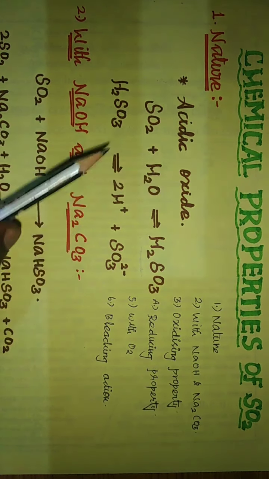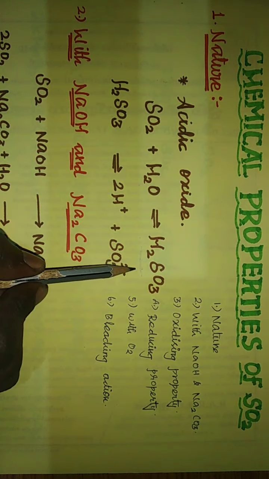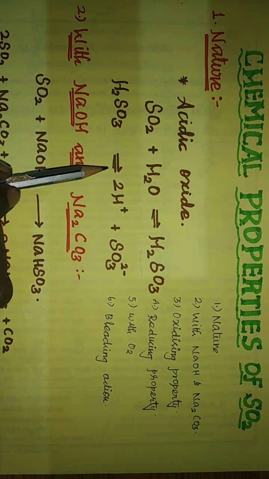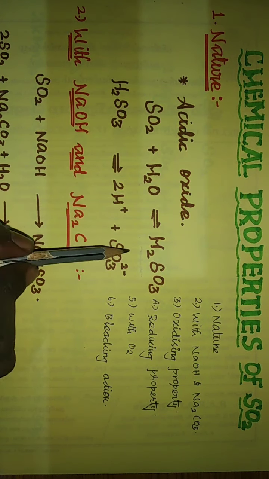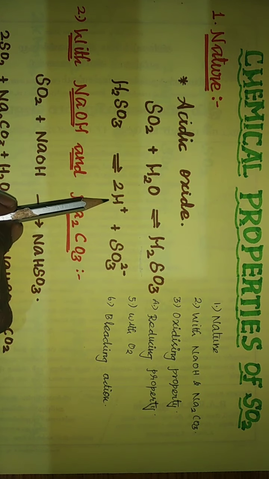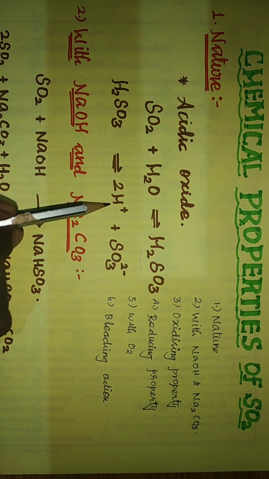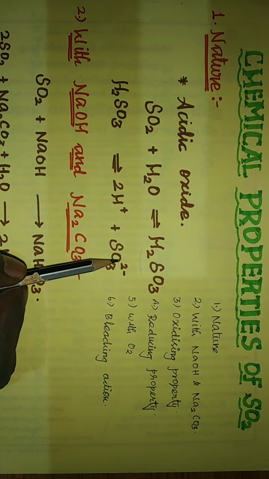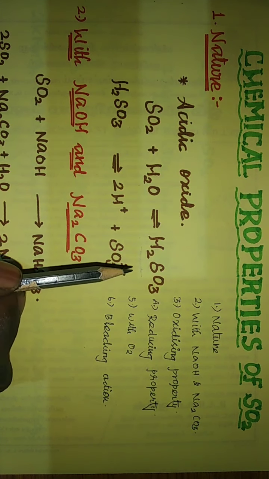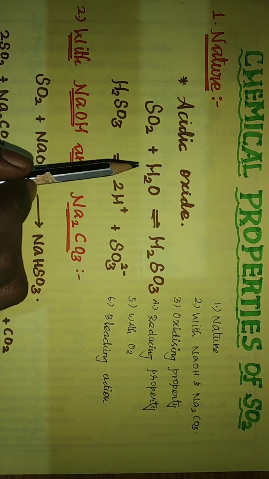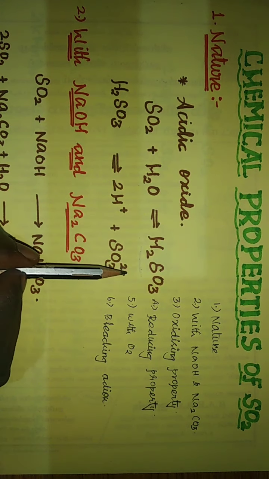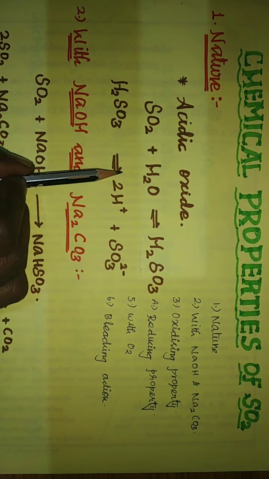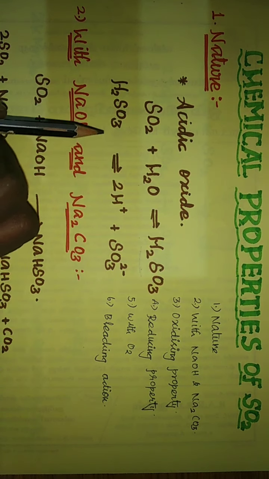Then this sulfurous acid, H2SO3, on decomposition forms two things: protons, that is 2H+ hydronium ions, and the sulfite ion, SO3 2-. So we conclude that sulfur dioxide is an acidic oxide since it forms sulfurous acid when allowed to react with a molecule of water.